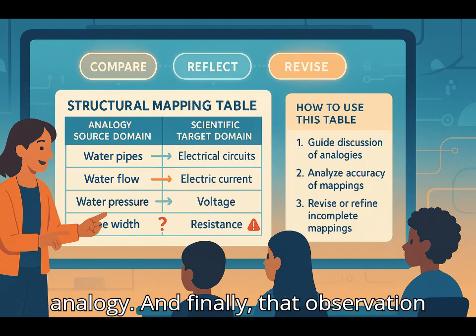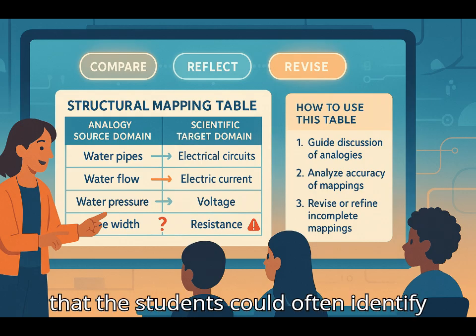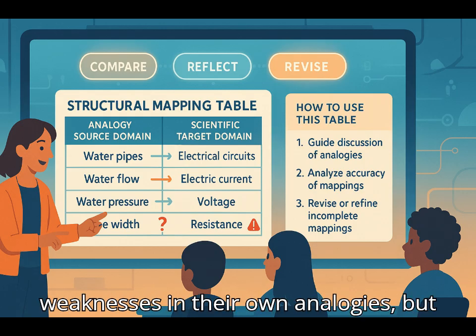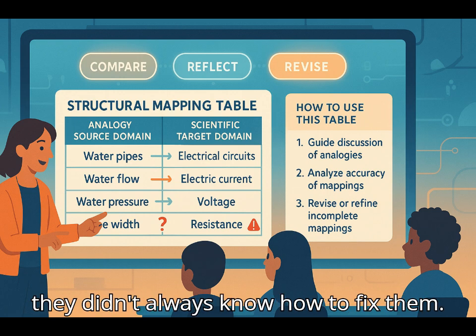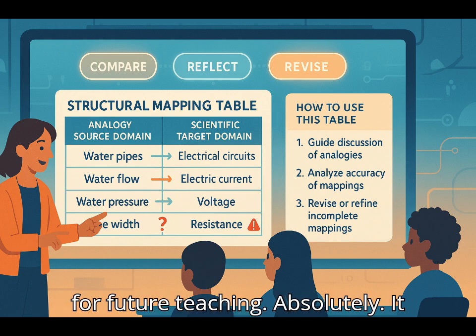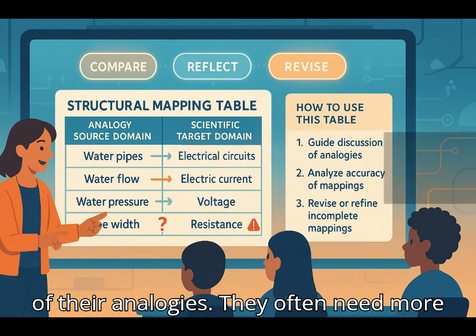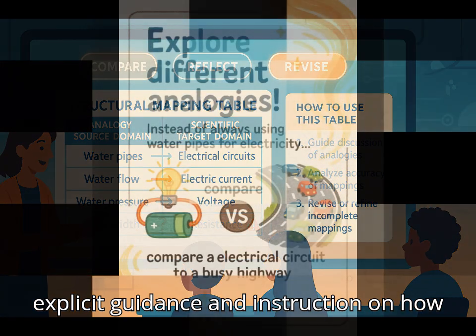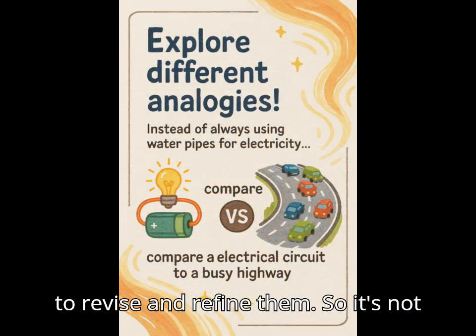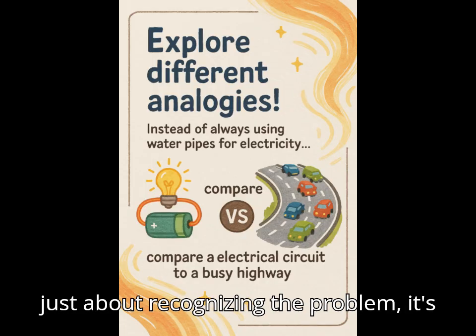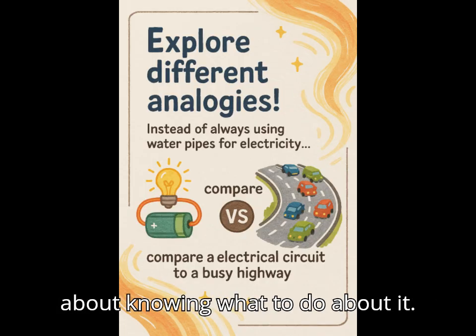And finally, that observation that the students could often identify weaknesses in their own analogies, but they didn't always know how to fix them, really highlights an important area for future teaching. Absolutely. It suggests that while students might develop some awareness of the limitations of their analogies, they often need more explicit guidance and instruction on how to revise and refine them. So it's not just about recognizing the problem, it's about knowing what to do about it.